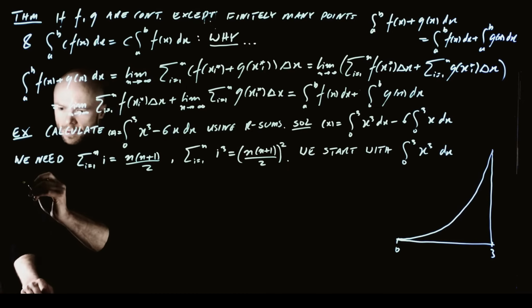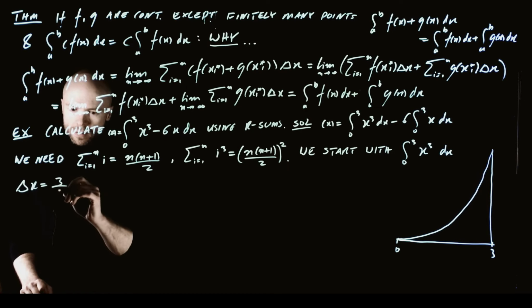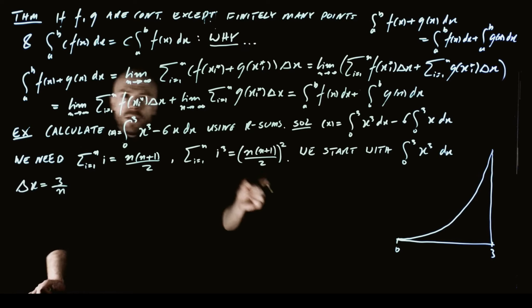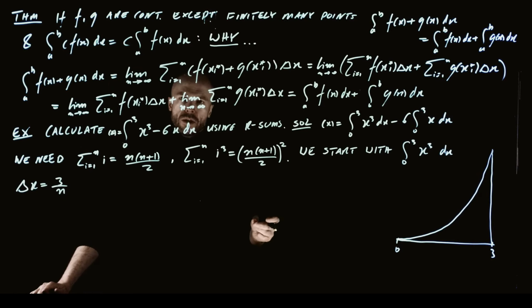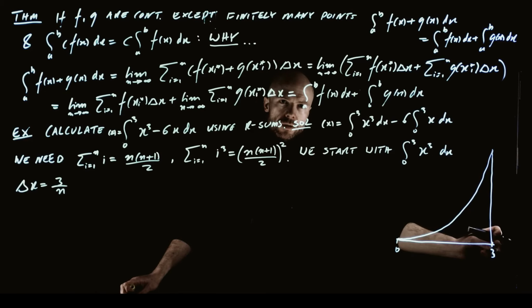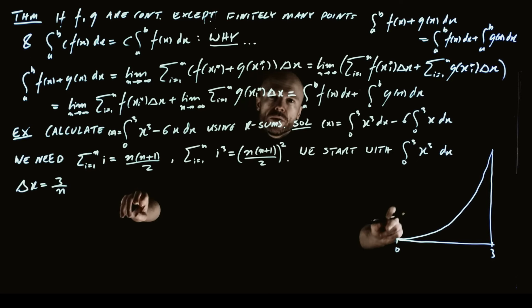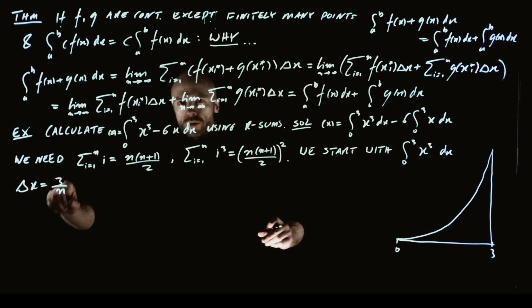So delta of x will be 3 over n, because if there are n equal subintervals, and putting them all together, they all add up to be equal to 3, that means n times this thing has to equal 3, so therefore this thing is 3 over n.